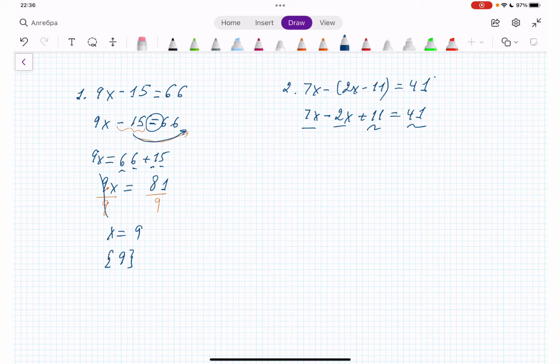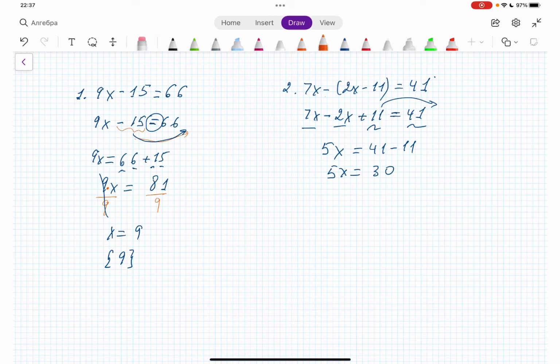So 7x minus 2x is 5x. This 11 and 41 are on different sides of the equal sign, right? Therefore, we are going to take 11 and move it to this side, and it's going to be 41 minus 11. Remember, every time we move any term over the equal sign, we flip to the opposite. It was positive, now it became negative. So from here, 5x is equal to 30.